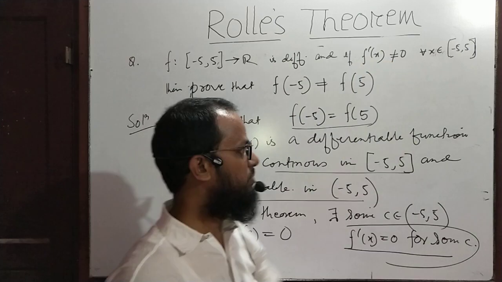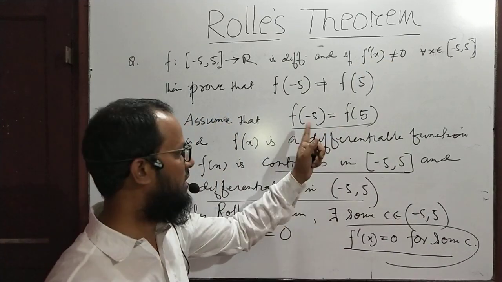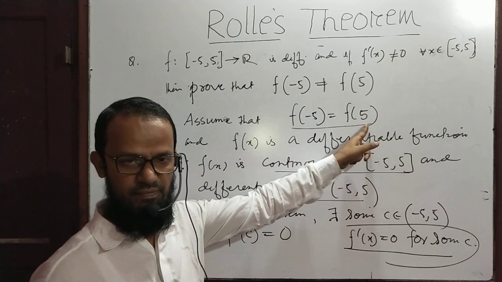Why the contradiction? Because of our supposition. We supposed that f of minus 5 is equal to f of 5.